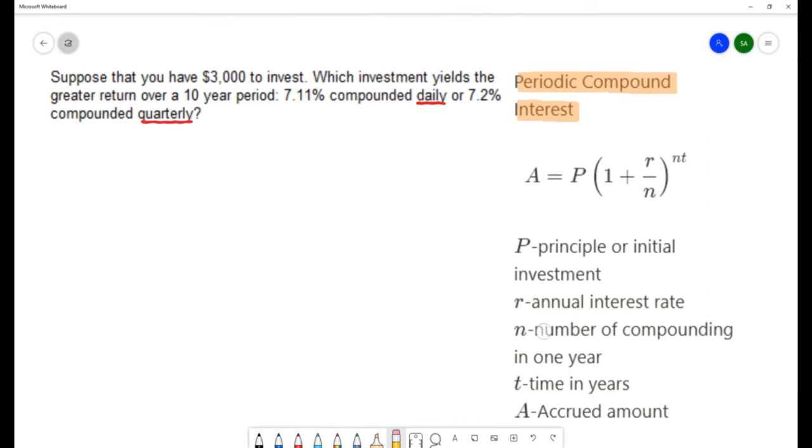And so if that interest gets added into your account every month, we would say that n is 12. It's the number of times in 1 year that the interest is added or your money compounds.